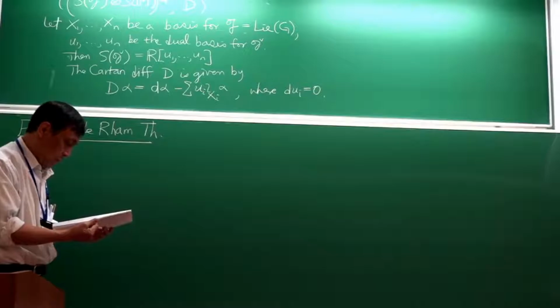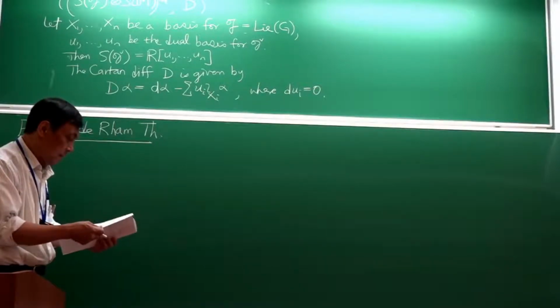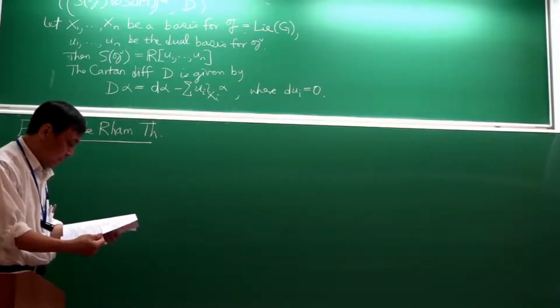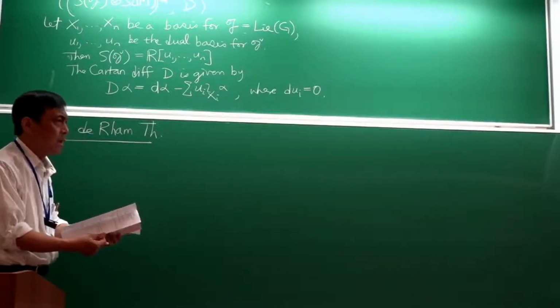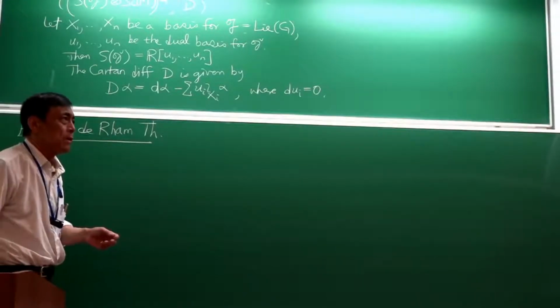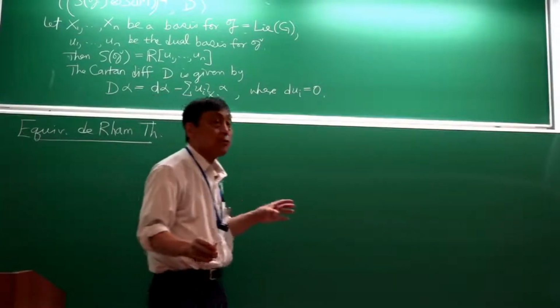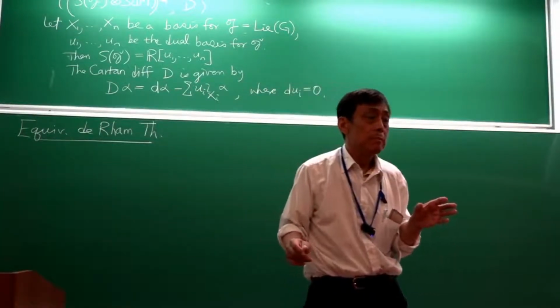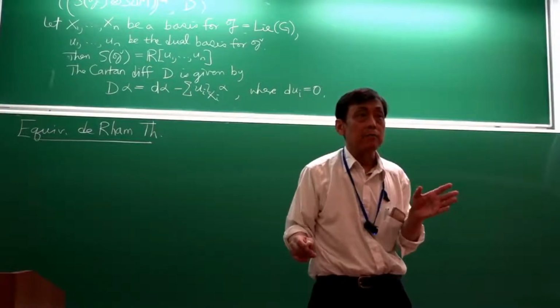Let me see, where do we use the compactness? Okay, I think when we go through the proof, we'll see where we need the compactness. Oh, yeah. So, we constructed the universal bundle only for a compact Lie group, right?